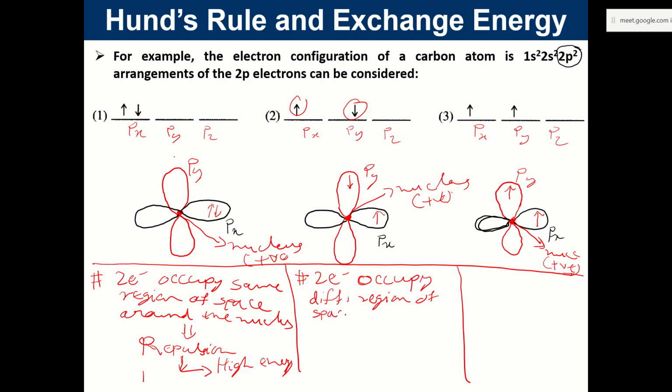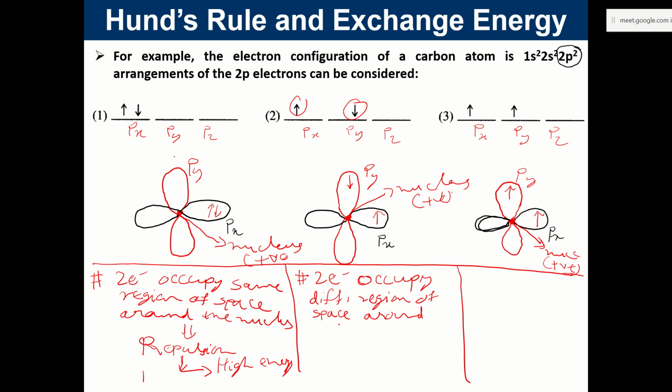Your nucleus is positively charged, the electrons are now more spread out, they are occupying different positions around the nucleus, so the repulsion is minimized, and so this situation will have less energy. The second situation is having less energy as compared to the first situation, right?